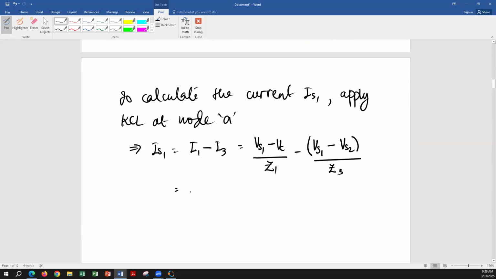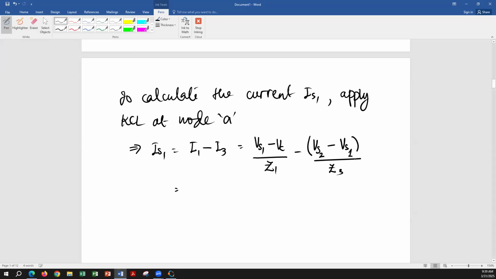So let's calculate that. IS1 equals VS1 minus VC divided by Z1 minus... Actually, that's VS2 minus VS1 because the direction of IS3 is in the opposite direction. So this is VS2 and this is VS1.